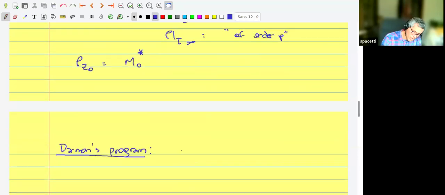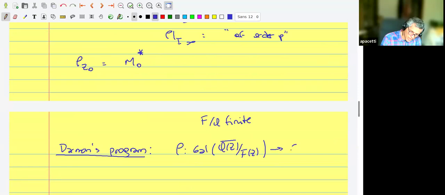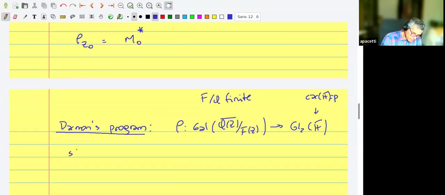So you aim to construct a representation from the Galois group of Q(Z) bar over F(Z), where F is a number field, so it's a finite extension, and you want it to land in GL2 of a finite field of characteristic p. Okay?